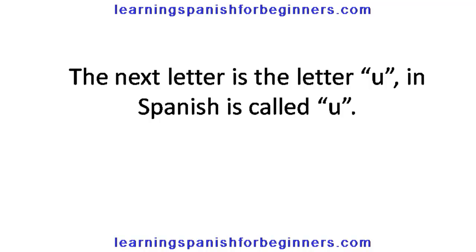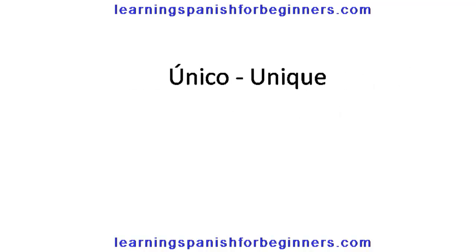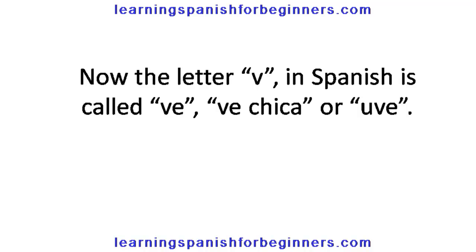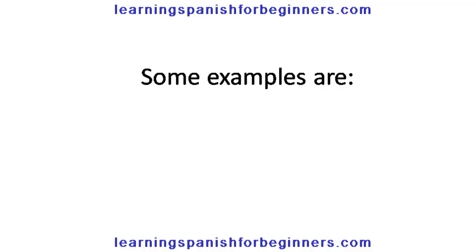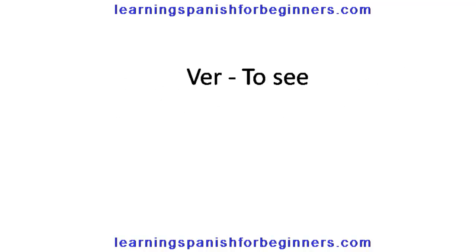The next letter is the letter U. In Spanish is called U. Some examples are único, unique. Uno, one. Uña, nail. Now the letter V. In Spanish is called V, V chica, or V. Some examples are ver, to see. Vender, to sell. And valor, value.